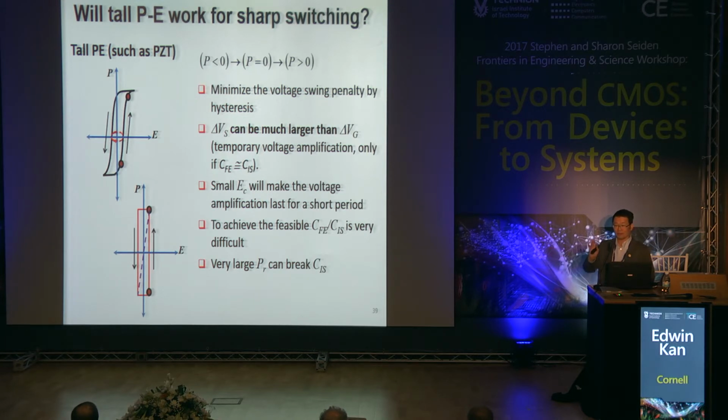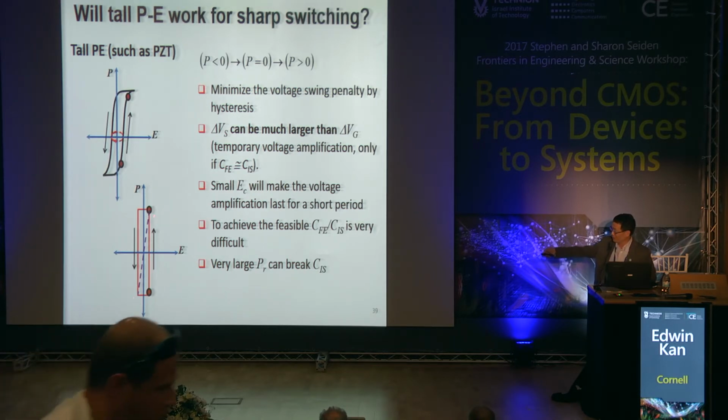Let me repeat, this is a very central message. If you have a PE loop like this, then we're talking about large signal. It's not that this slope matters. It's where the on state and off state are. If the on state and off state are the same, then you draw a line here. Then your ferroelectric is not going to give you any better large signal sharper switching than just a pure dielectric with a dielectric coefficient just defined here.